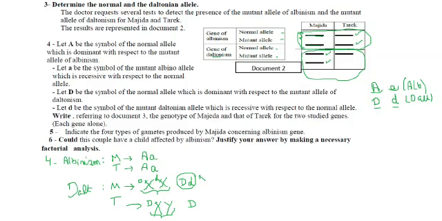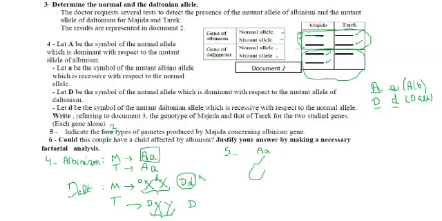Number 5, indicate the 4 types of gametes produced by Majida concerning albinism. The one who drew 4 types or 2 types, I counted it as correct too. For number 5, concerning albinism, what does Majida have? She has capital A and small a.